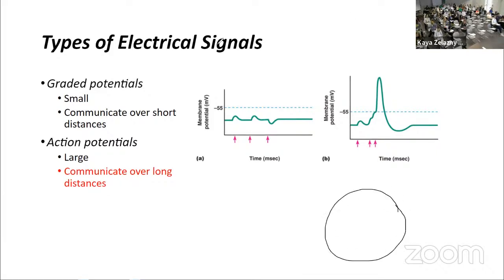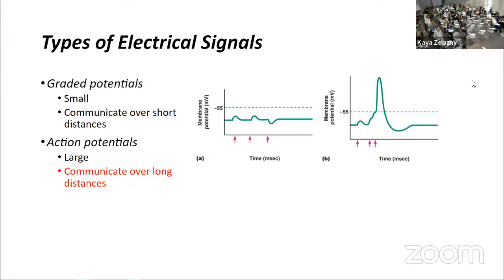So if we stuck an electrode, like a little electric sensor thing here, and measured the difference of all those charges adding up inside the cell versus all those charges adding up outside the cell, that is what would give us a membrane potential, that difference in charge. So whenever you see the word potential, what it's talking about is some kind of charge related thing.